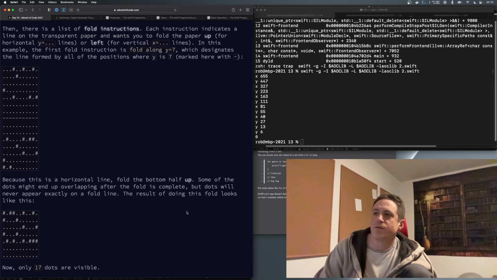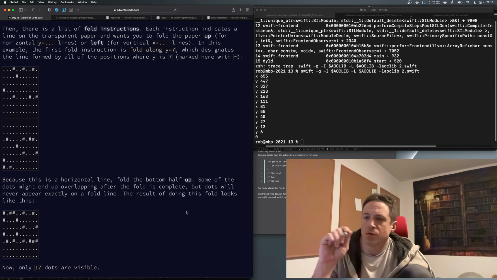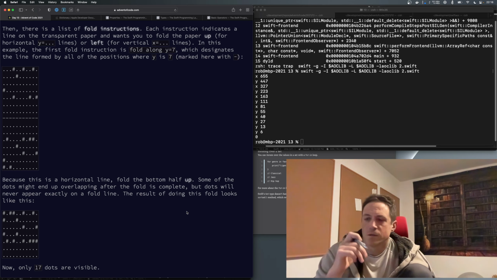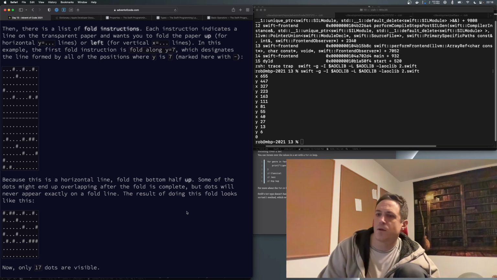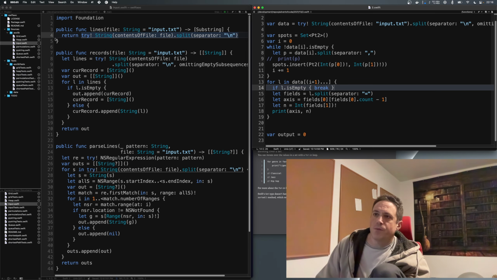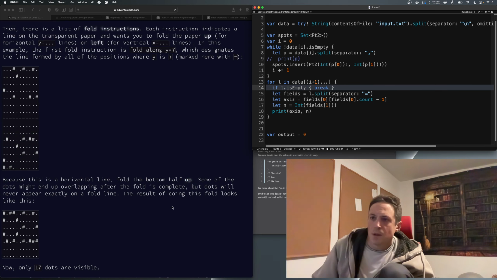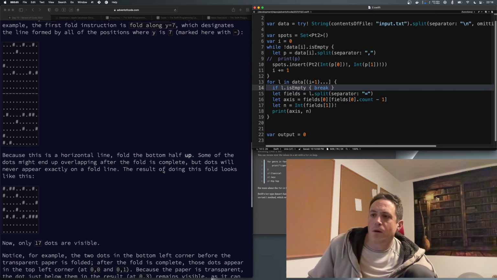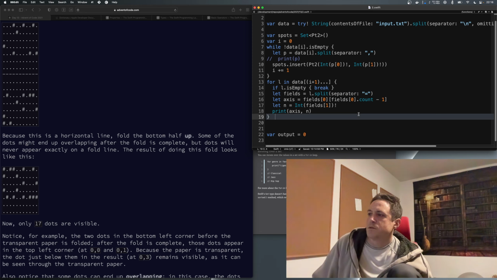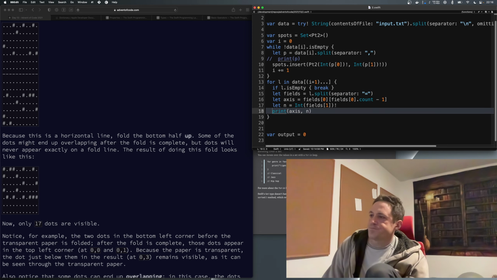Y equals 7. So, and then we say, you know what, this is stupid. Some of the dots might end up overlapping after folds. So, okay.